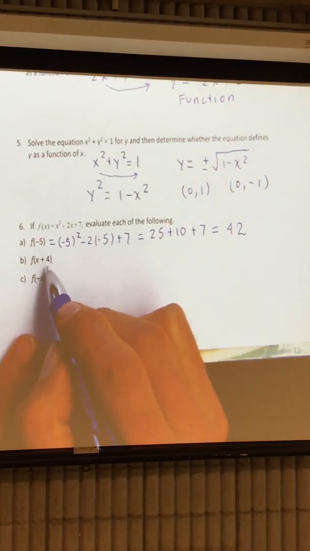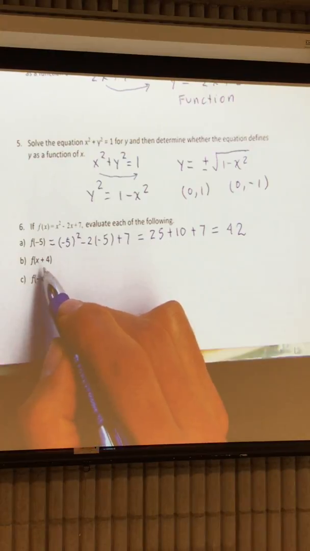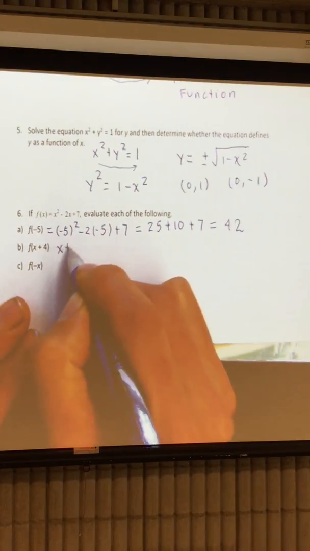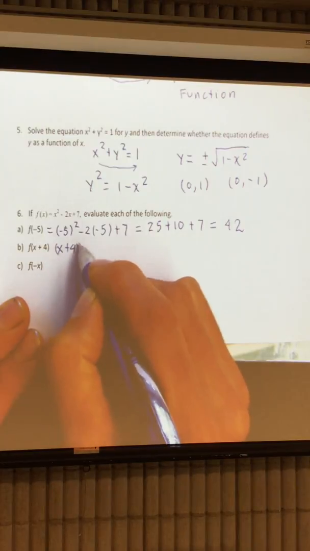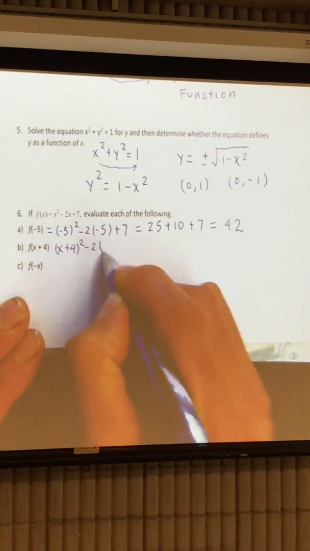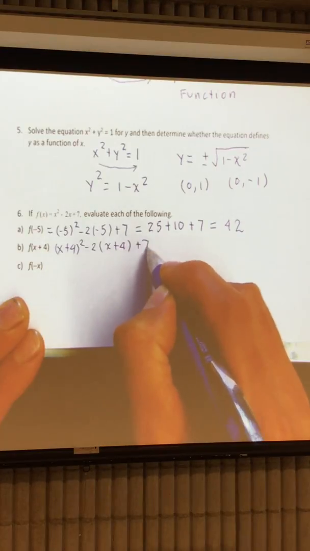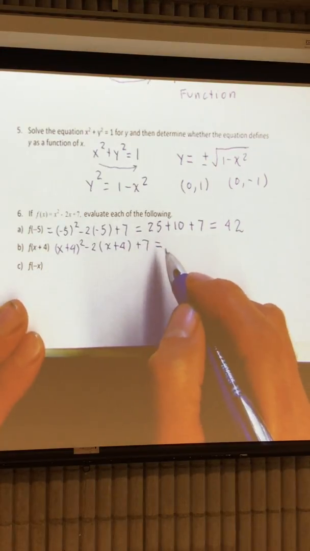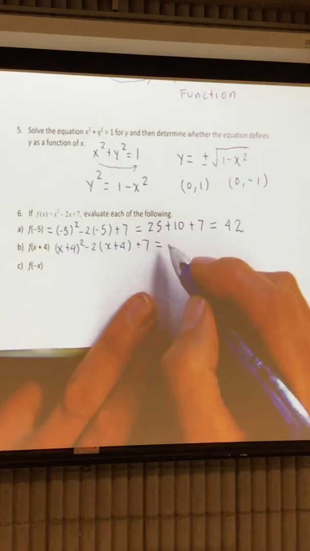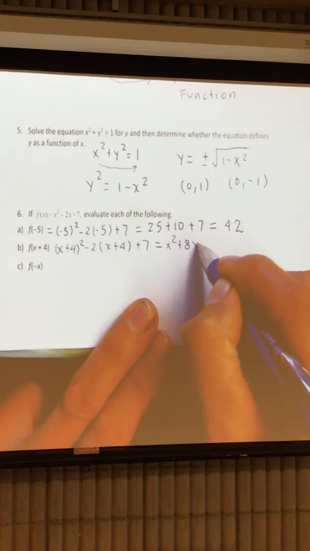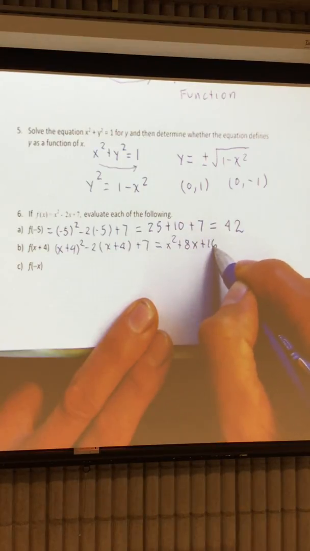Now we wish to replace each x by the quantity x plus 4. So we'll have x plus 4 in parentheses squared minus 2 times x plus 4, and then add 7. First, we need to square out x plus 4, giving us x squared plus 8x plus 16.